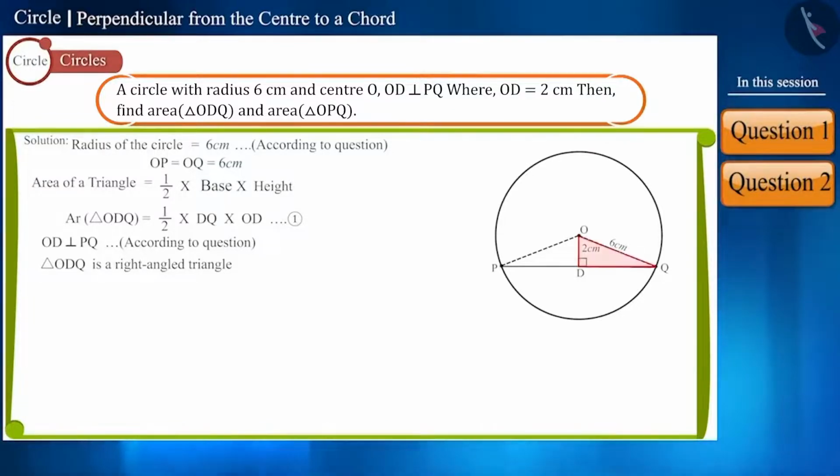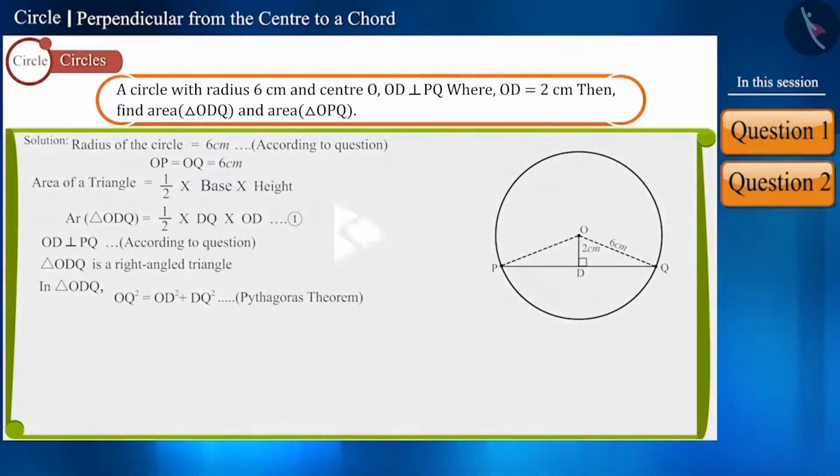Friends, we know the height of the triangle ODQ, but we have to find the value of the base DQ. We can use the Pythagoras theorem in this triangle and find the length of DQ. Friends, pause the video and try to find it yourself.